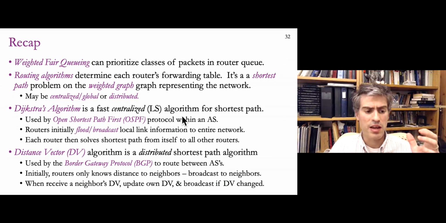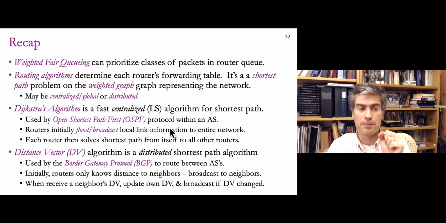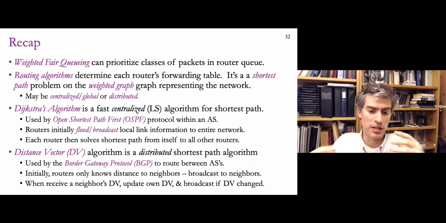It's centralized, it's fast. It's actually used by network protocols such as OSPF, Open Shortest Path First, where you have information about the whole network in one place. And that's typically when you're making decisions within your own network about your own routers. So within an AS, that means autonomous system, which we'll explain more later on in the class.